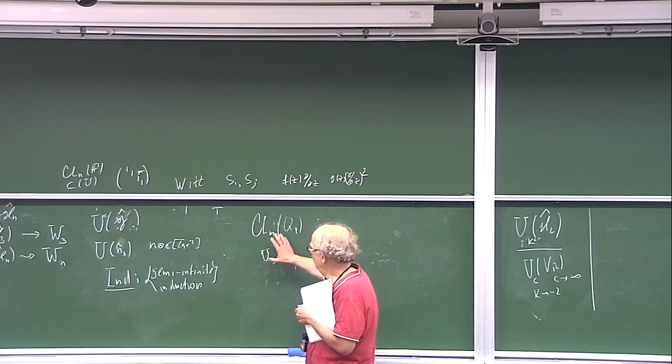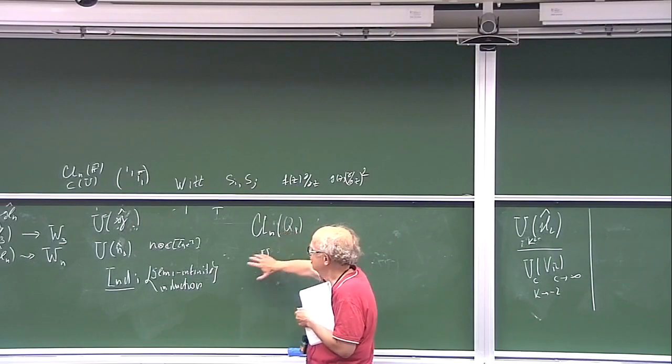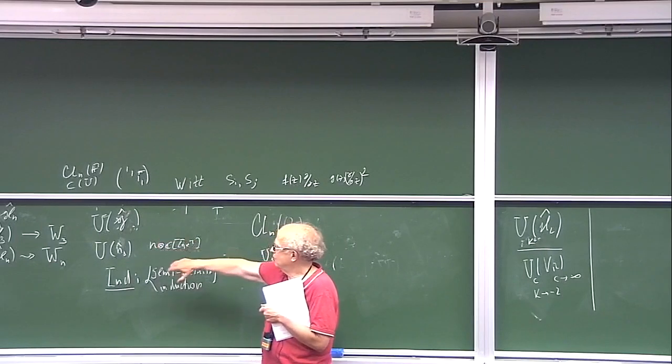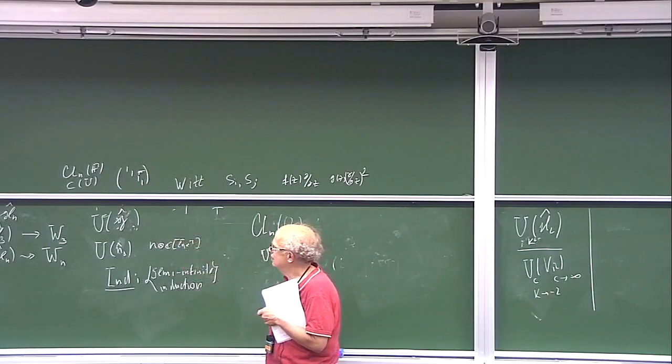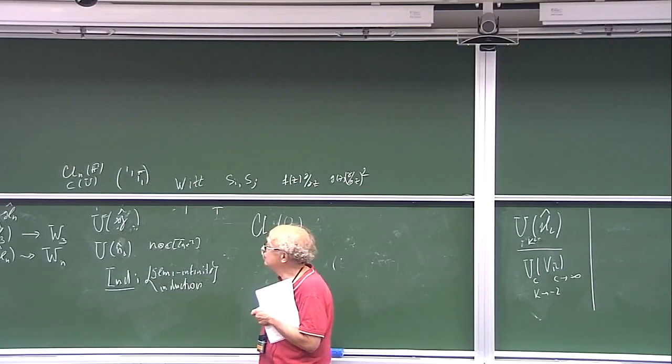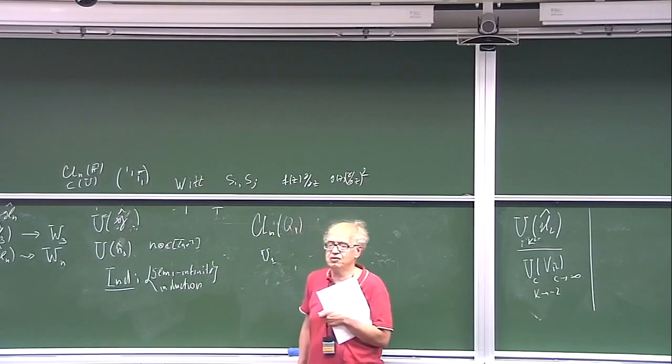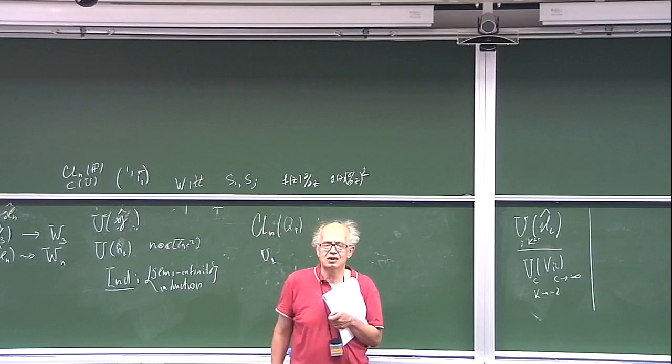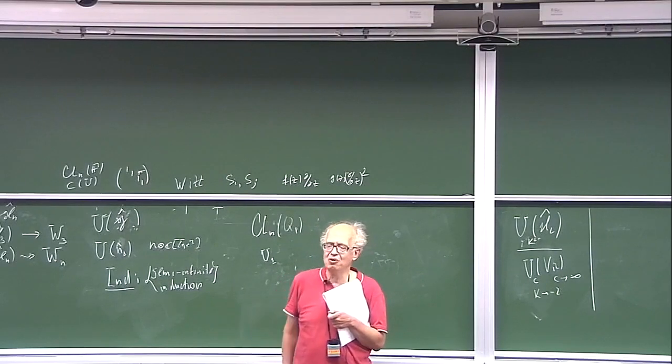All such stories work and exist in the affine case and give us a collection of objects, and traditionally all of them are called W-algebras.